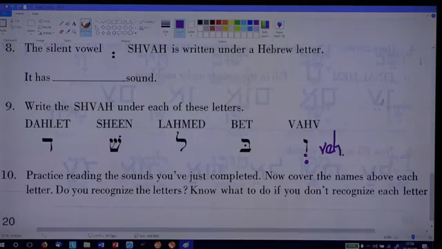And you're going to see a vav with the shva underneath it a lot as a prefix to many, many, many words. You can also see the bet as a prefix, and it'll have the shva. Those two dots show up? Oh, okay, good. And it's pronounced be. Be. That'll be a prefix.